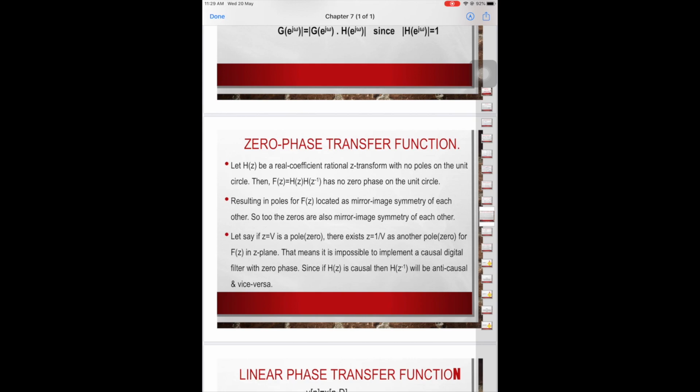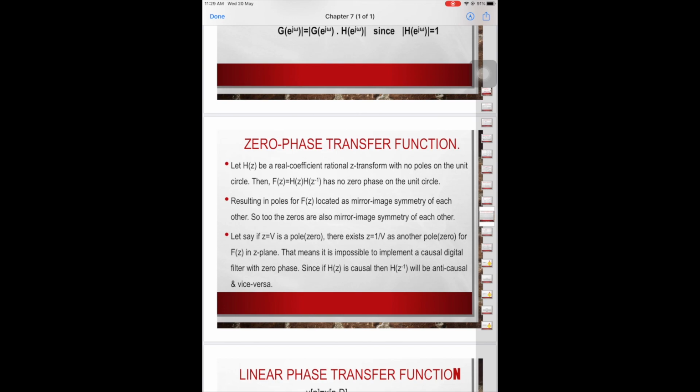Next we look at the zero phase transfer function. Let H(z) be a real coefficient rational z-transform with no poles on the unit circle. Then F(z) equal to H(z) times H(z inverse) has zero phase on the unit circle. So basically, if we have no poles on the unit circle, then we also have no zeros on the unit circle.